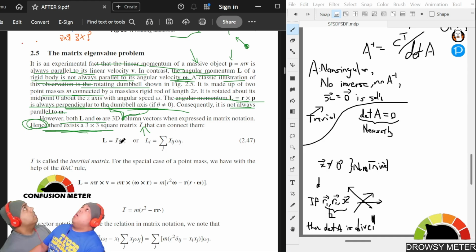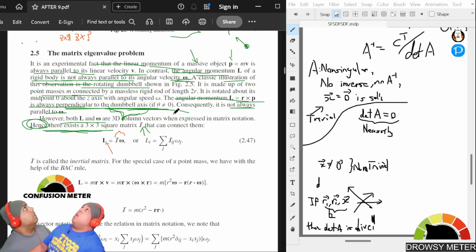So L equals special I omega, or the i component of L equals the sum of... so we're summing because we're trying to get a component of the matrix multiplication.